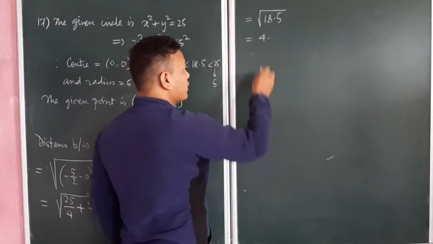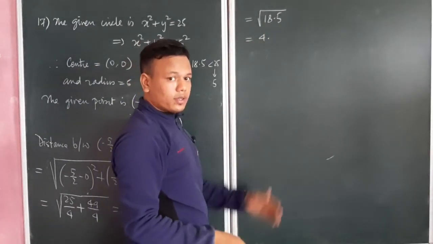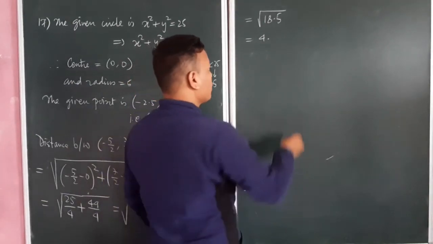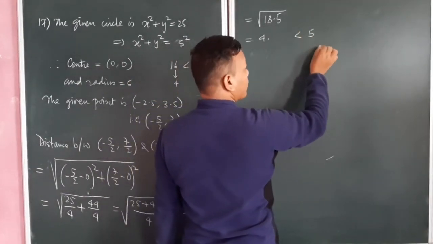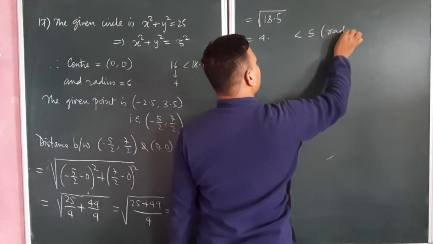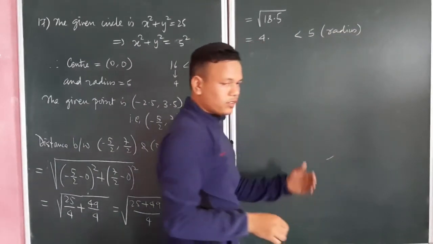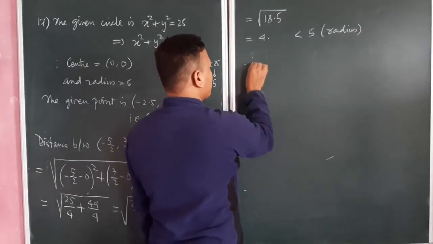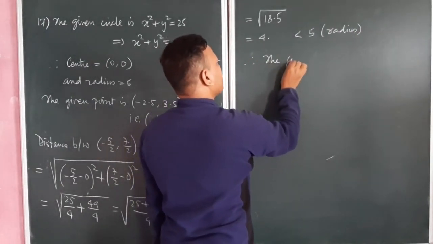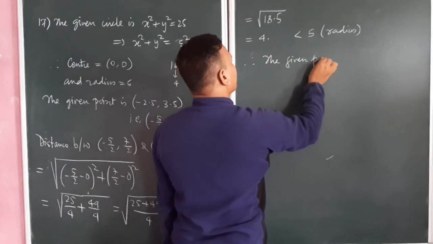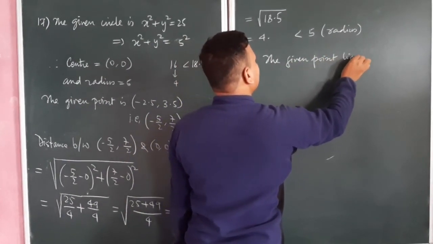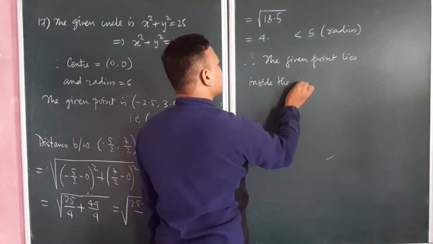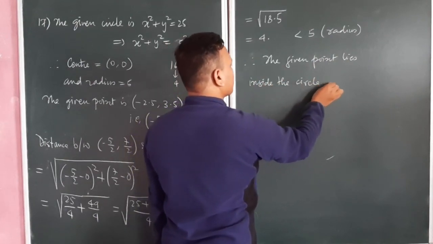And see, this distance is less than the radius, which is less than 5, that is the radius, isn't it? So if the distance between that point and the center is less than the radius, this means the given point lies inside the circle.